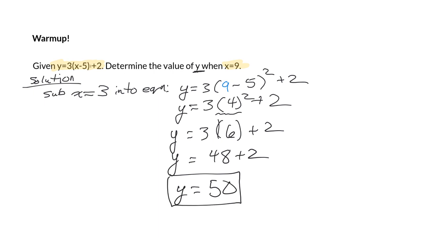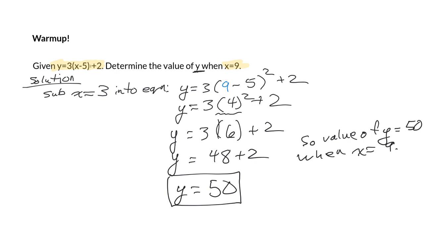So to finish this problem, you would say the value of y is 50 when x is equal to 9. So that gives us the idea of how we would find a point, right?